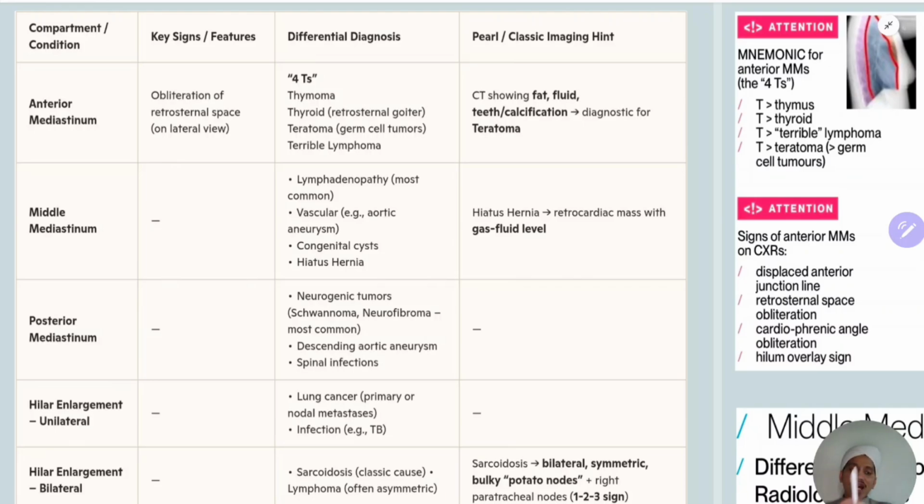For unilateral, lung cancer is the number one diagnosis, and infection like tuberculosis is the second, because of lymphadenopathy, or because of a lung cancer mass. Infection and increased proliferation. Unilateral is mostly because of tuberculosis or malignancy.